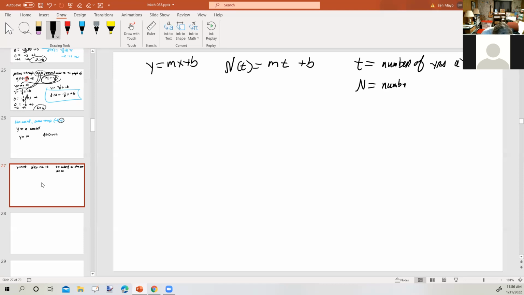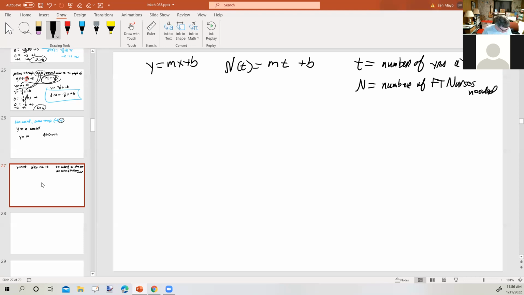So what we're going to do is extract two ordered pairs from the reading. And with that, we can find the slope, the y-intercept, the equation of the function, and go on from there.